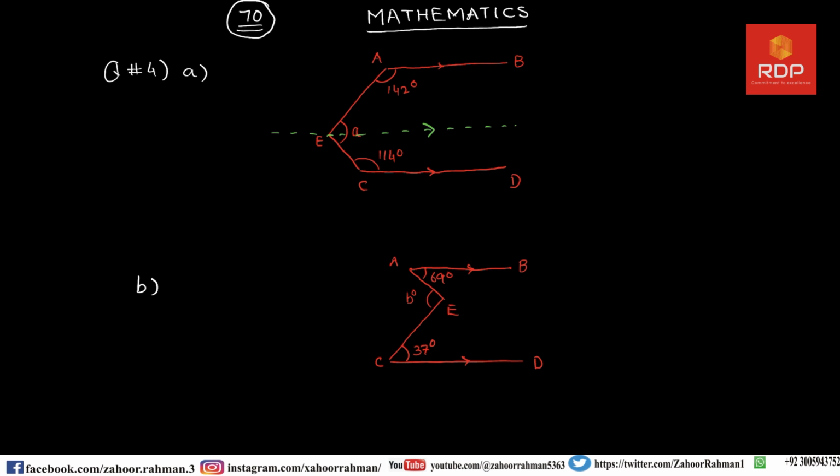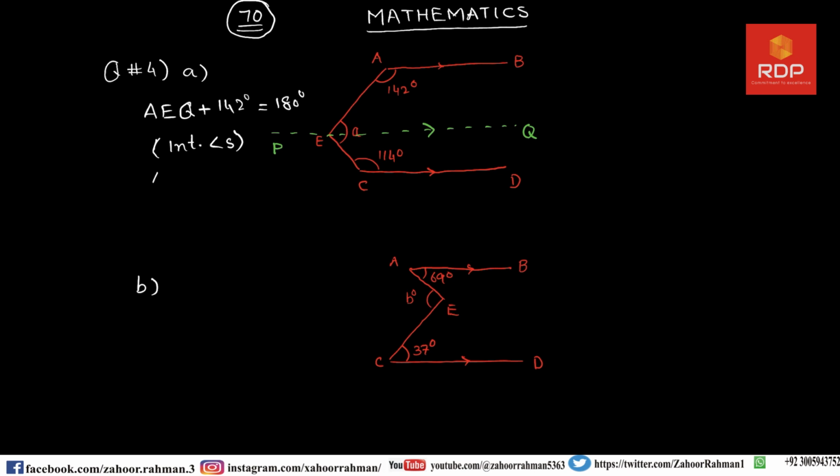First of all, let us give this line the name PQ. So AEQ plus 142 degree is equal to 180 degree, and that is due to the interior angles theorem.